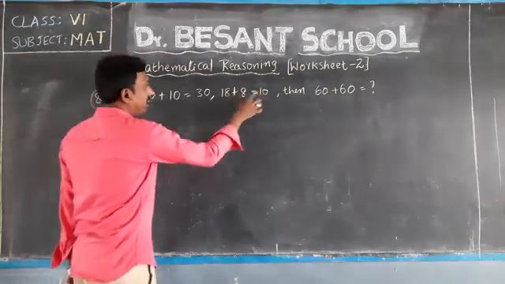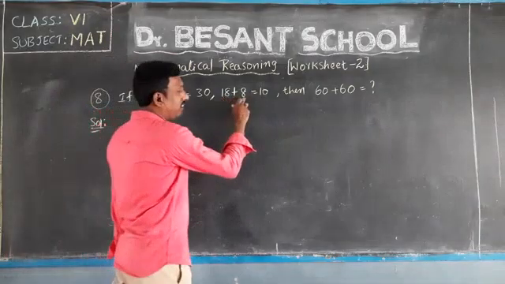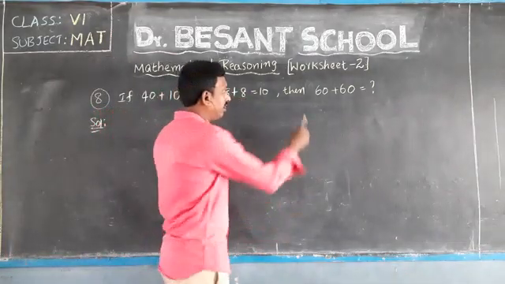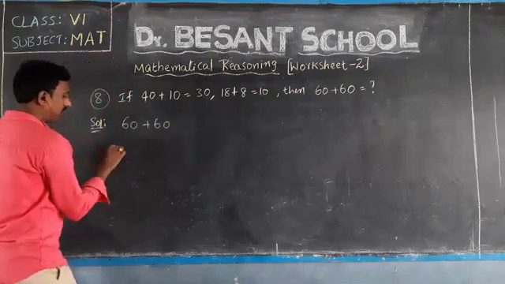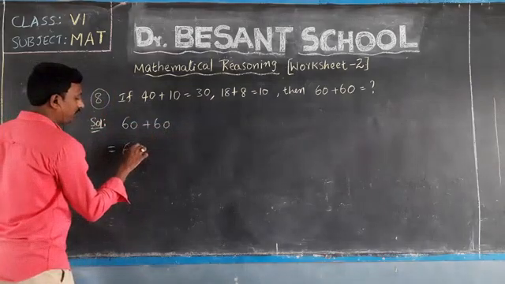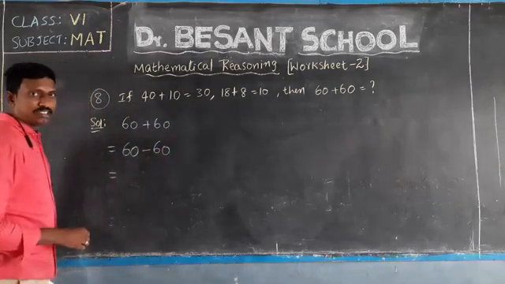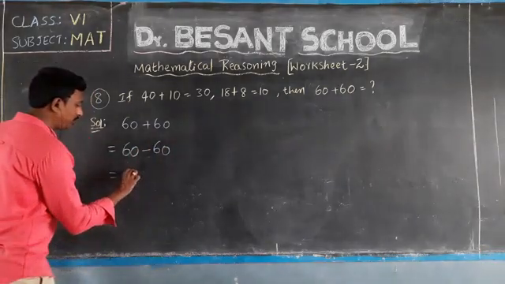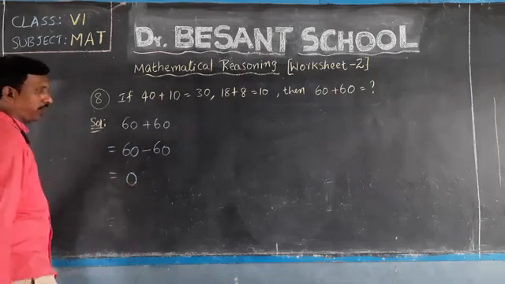Similarly, 18 plus 8 equal to 10. You do it as minus. 18 minus 8 is equal to how much? 10. Then 60 plus 60 equals, in place of plus, what do you have to do? Yes, we have to use minus. 60 minus 60. How much? 0. So this answer is also 0 like the previous problem.